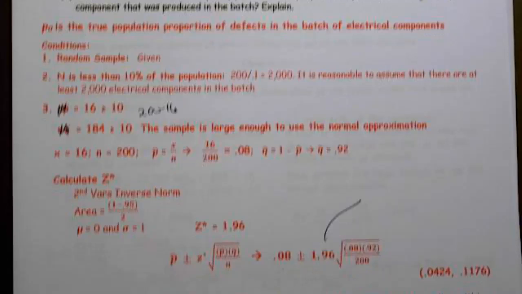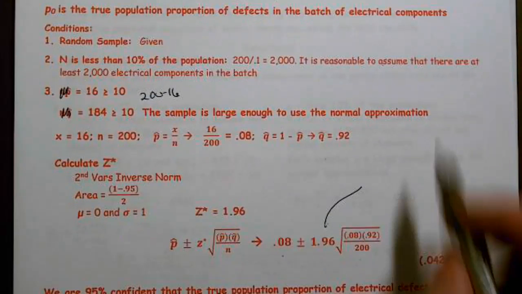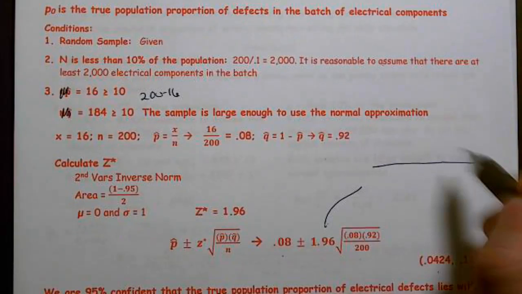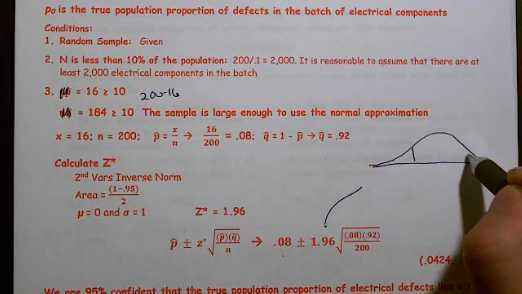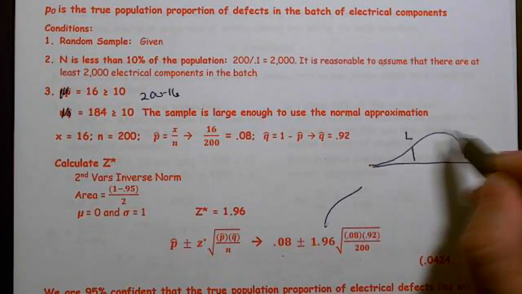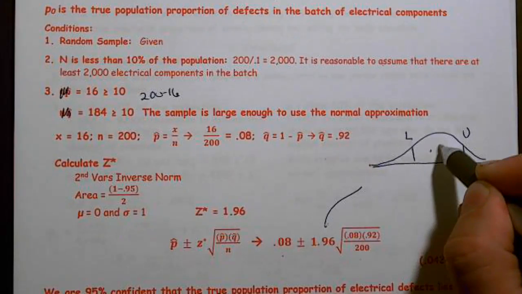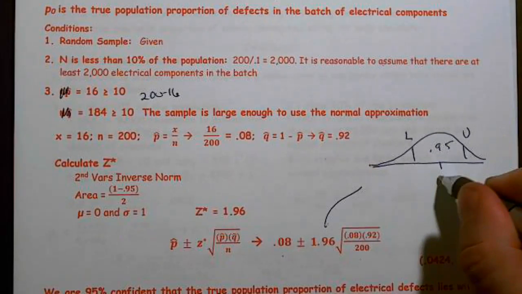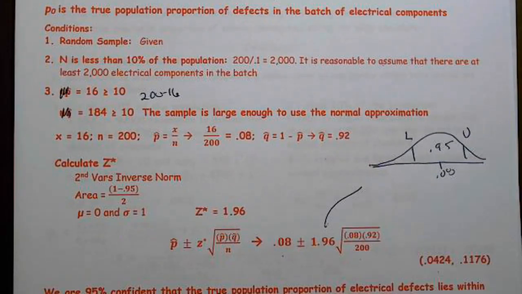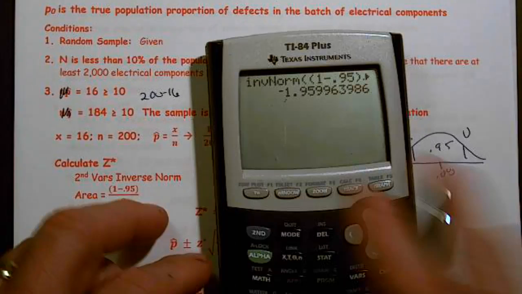So let's go ahead and run this test, and we're going to get our interval. Because ultimately what we are constructing is a 95% confidence interval, and we're looking for a lower bound and an upper bound with 95% in there, and we happen to know that our p hat 0.08 is going to be exactly in the middle.